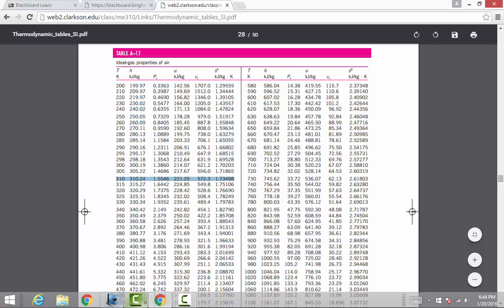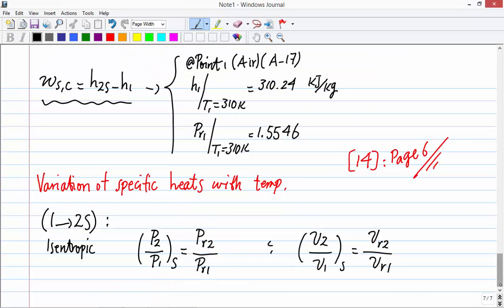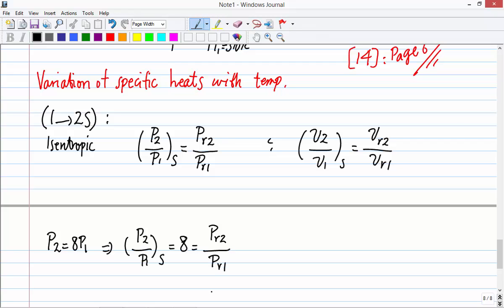That's good, because here I have the pressure ratio. I know that in the process 1 to 2s, P2 is 8 times P1. So P2 over P1, the same pressure ratio in an isentropic process, is 8. And that is going to equal PR2 divided by PR1.